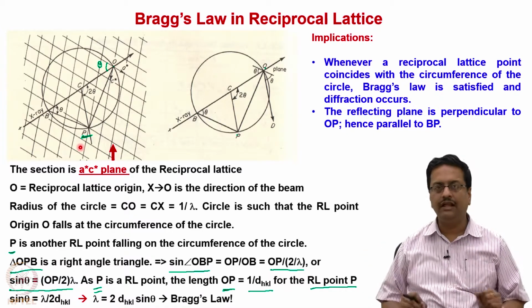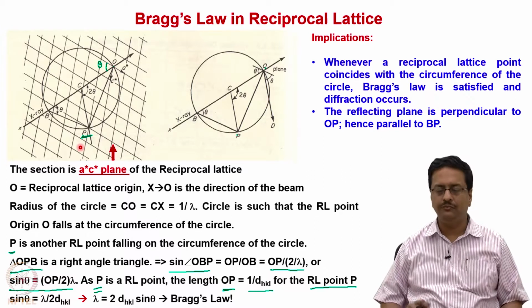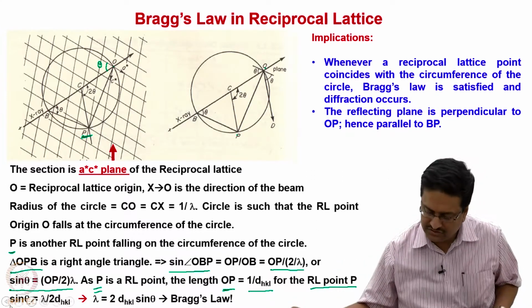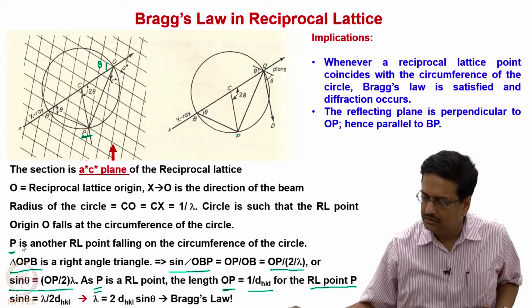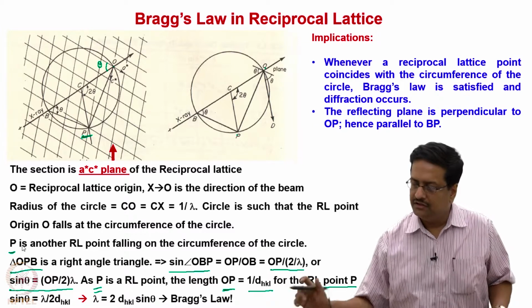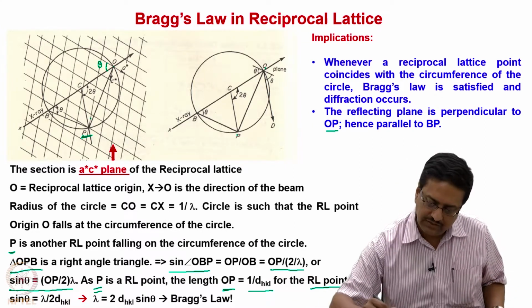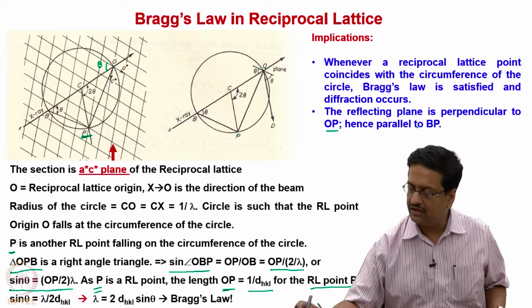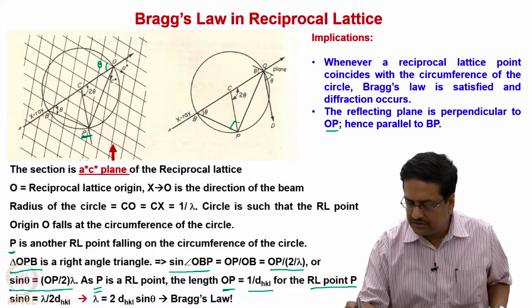The reflecting plane is perpendicular to OP, hence parallel to BP. So, the reflecting plane is perpendicular to OP, which means parallel to BP, where BP is perpendicular to OP.